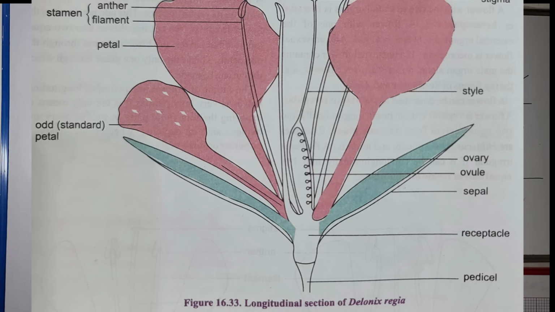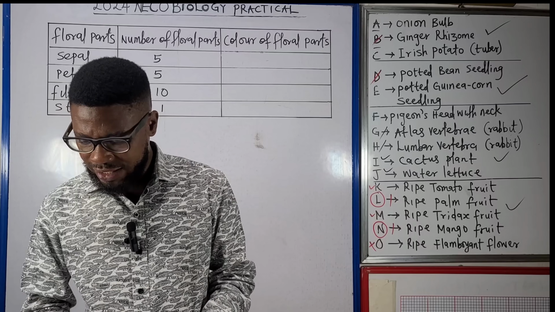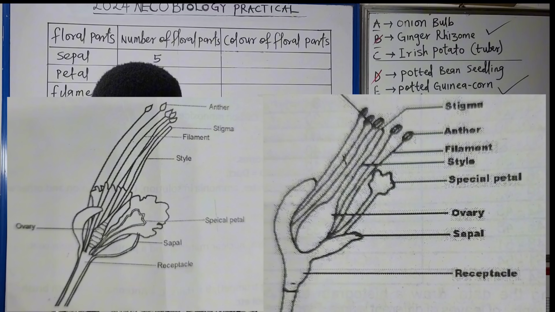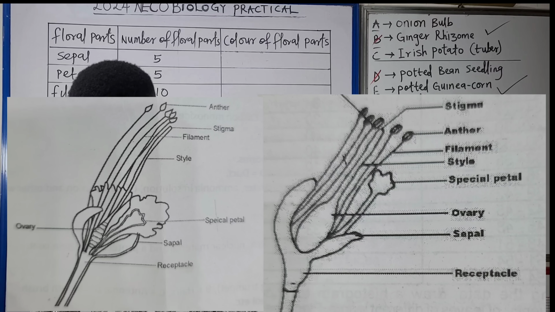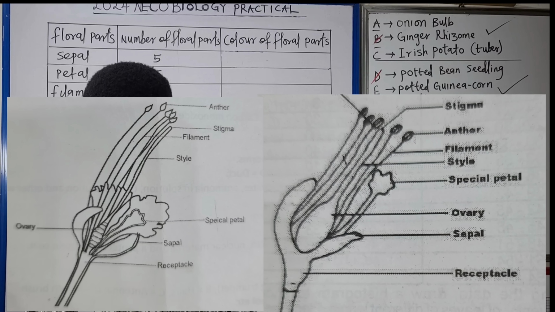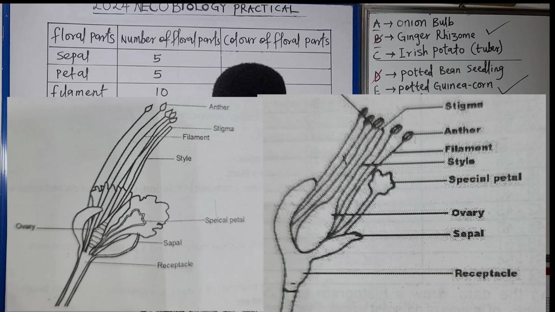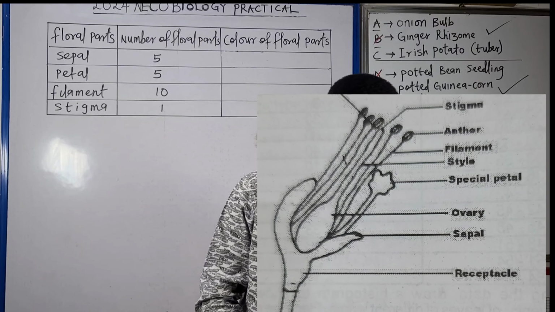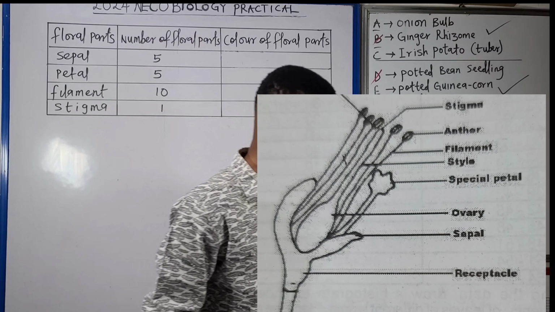So in this question, you can be told to detach the other petals except the special petal and make a large labelled drawing 10 to 12 centimeter long of the remaining floral parts. What your answer should look like is exactly what you are seeing on your screen. You can see the anther, the stigma, the filament, the style, the special petal itself, the sepal, the ovary, and the receptacle. That's what you can have on this specimen.